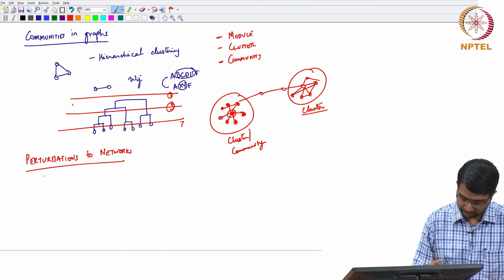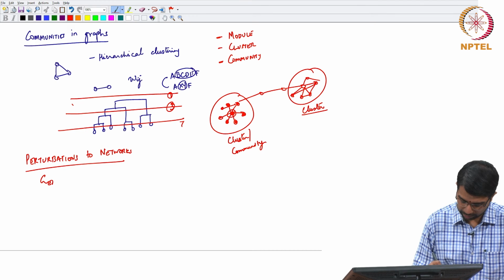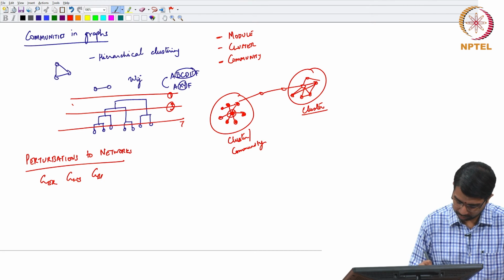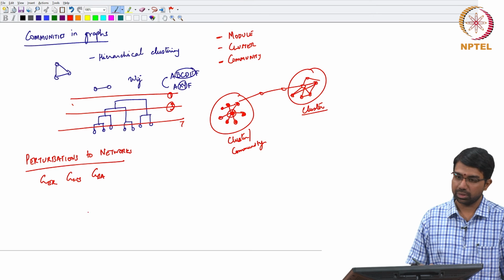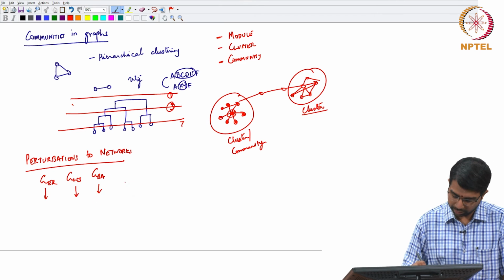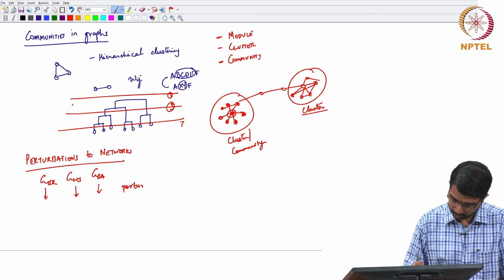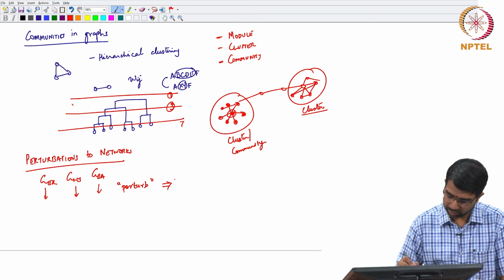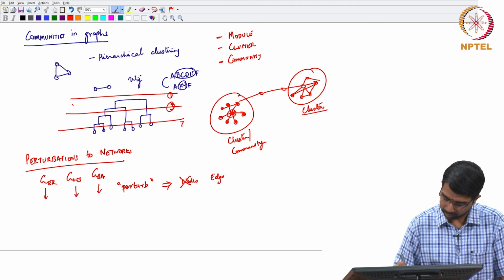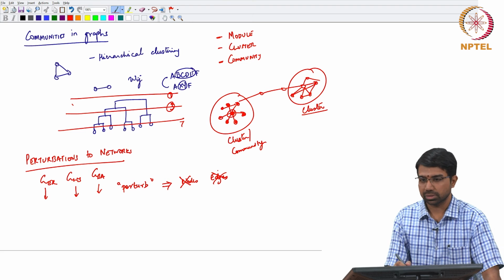You start with any graph, right. It could be an ER graph, it could be a WS graph, it could be a BA graph, and perturb it, which means what? Remove nodes and edges.